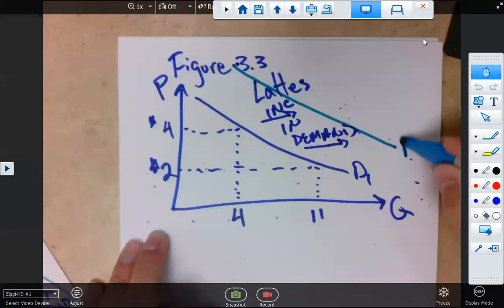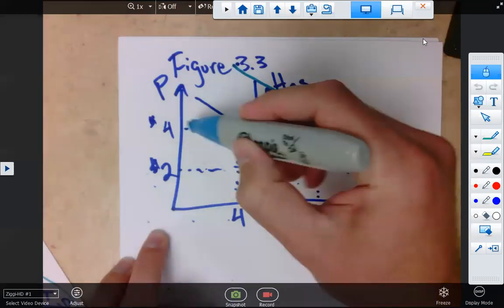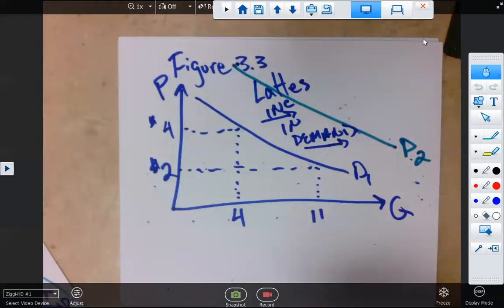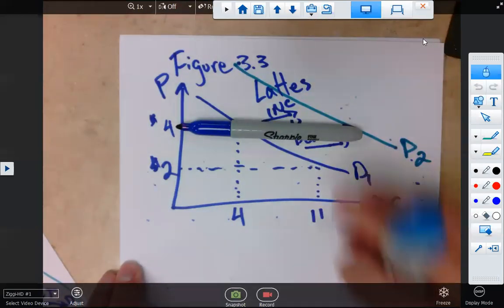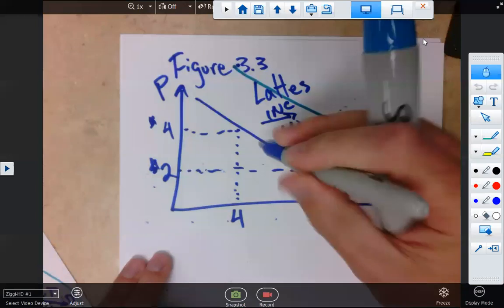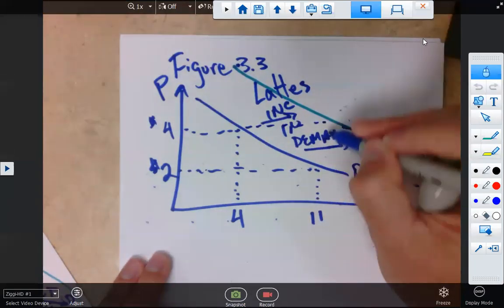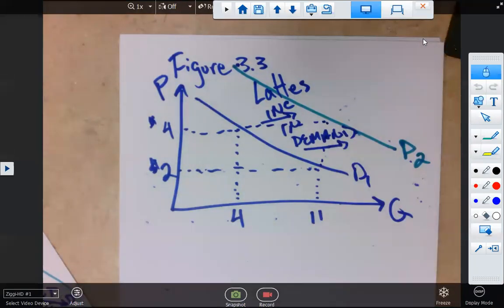When we increase the demand, then at any given price, so what I like to do is hold the price constant, so to speak, right? So at any given price, there's going to be more demand, right? So now we have 11 lattes that are demanded at $4 instead of 4.